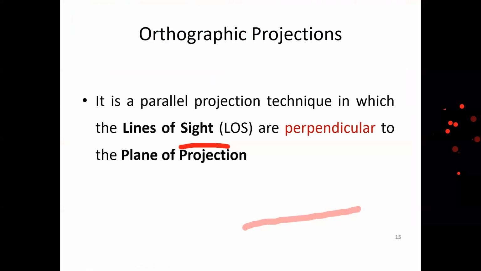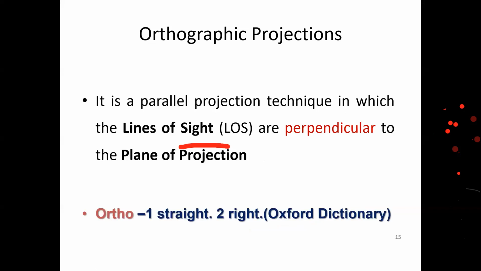So orthographic projection is a parallel projection technique in which the lines of sight are perpendicular to the plane of projection. So all the projection lines are perpendicular to the plane. So that is what orthographic projection is. Ortho means straight. Everybody knows that. We are using the ortho option in AutoCAD. So when you switch on ortho, you will get the straight line.